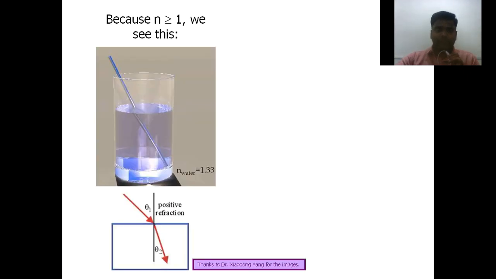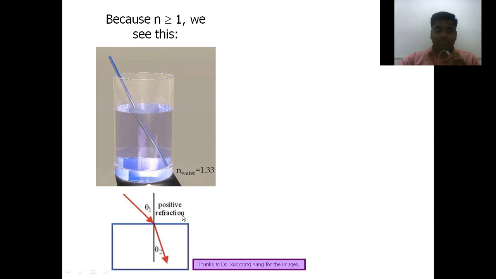Now, refraction and Snell's law. When the refractive index is greater than or equal to 1, what will happen? For example, n of water is 1.33, a constant value. In that case there is positive refraction, meaning there will be some change in angle, and the refracted ray will not be equal to the incident ray.